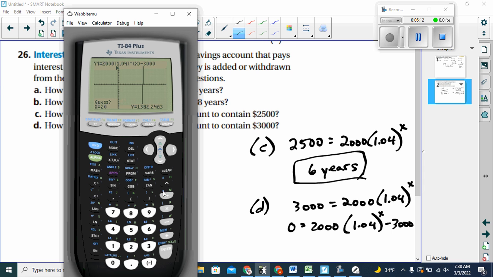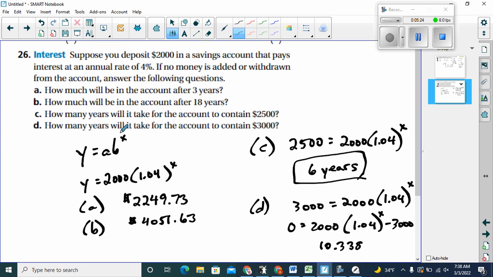I don't need to worry about my guess because there's only one x-intercept in there. And we get 10.338 years. But remember, we're only getting interest at the end of the year every year. So after 10 years, we will not have reached $3,000. So it's going to take 11 years to reach at least $3,000.